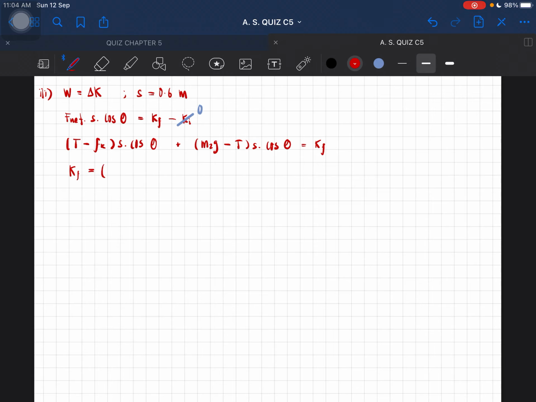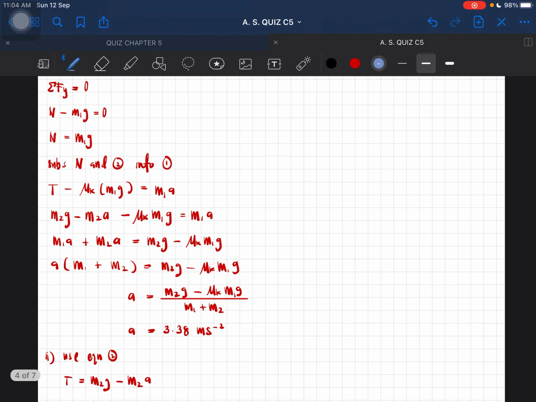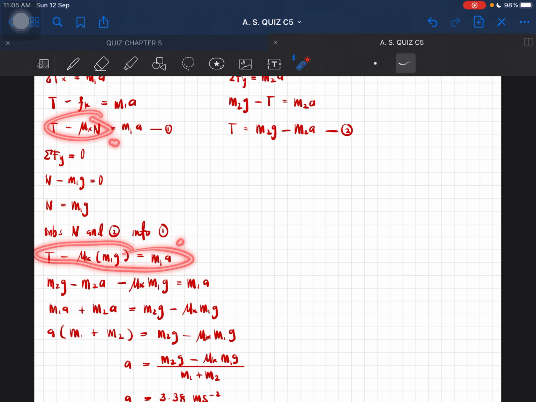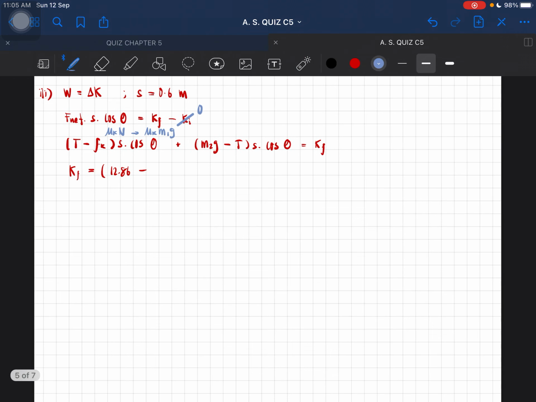So T is 12.86 minus mu k N, which is equal to mu k m1g.